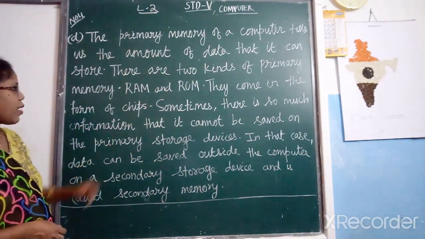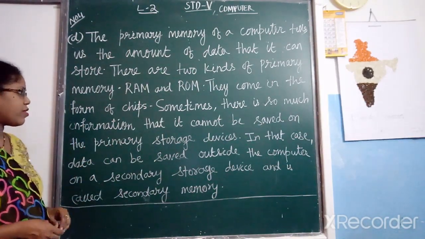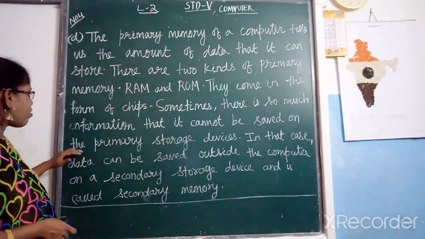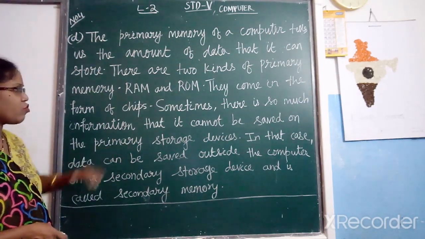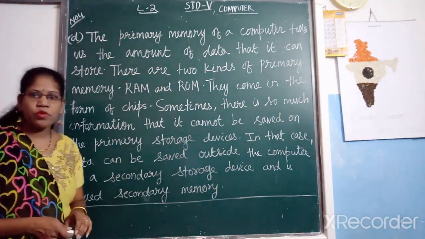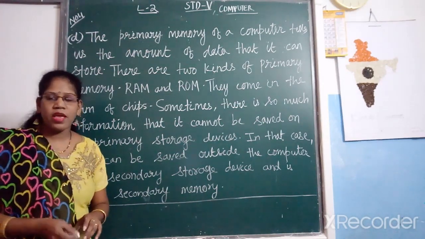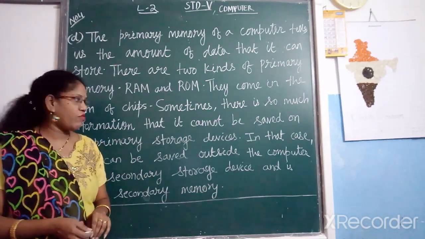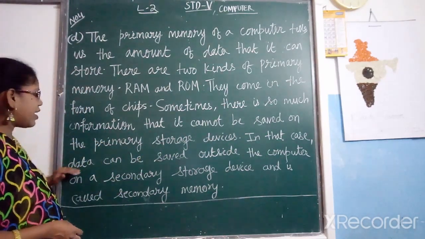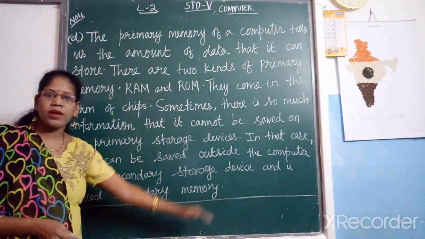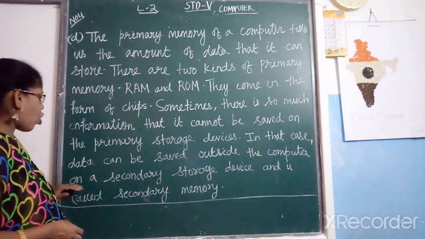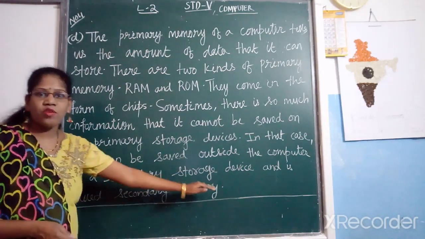Whereas sometimes there is so much information that it cannot be saved on the primary storage device. In your computer there will be lots of data that cannot be saved in your primary storage device. In that case, data can be saved outside the computer on a secondary storage device.